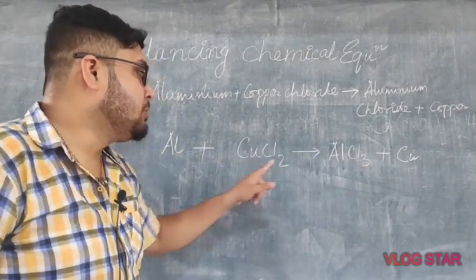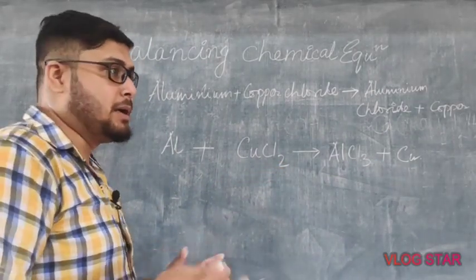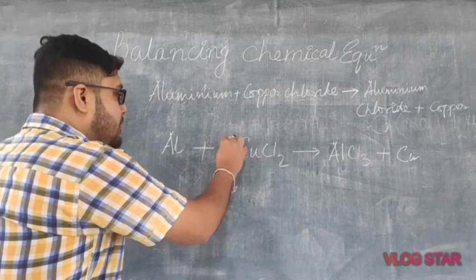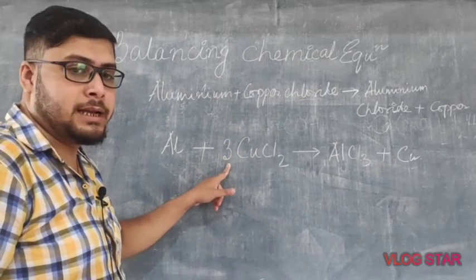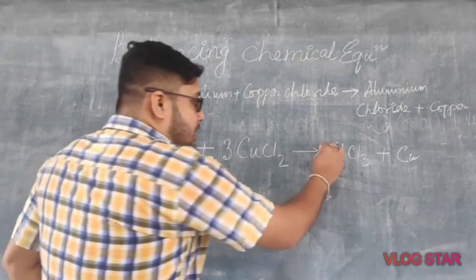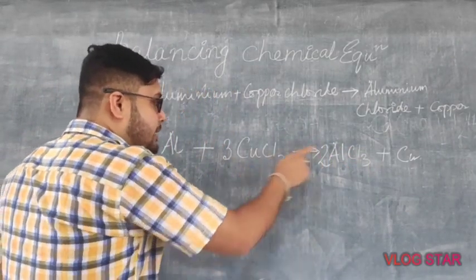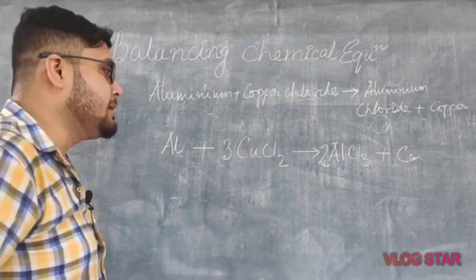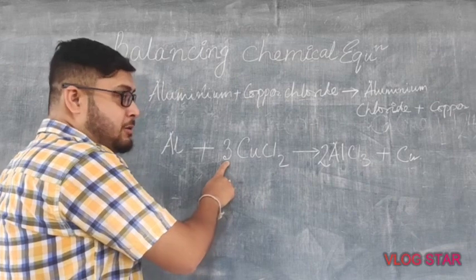So to balance this, as we have seen earlier, we cannot add or minus any particular atom. Let us say we put a coefficient here 3. So 2 into 3, we are getting 6. If we put here 2, this 3 and 2 becoming 6. So Cl both on reactant and product side is balanced. Now look at this, here is 3 Cu.